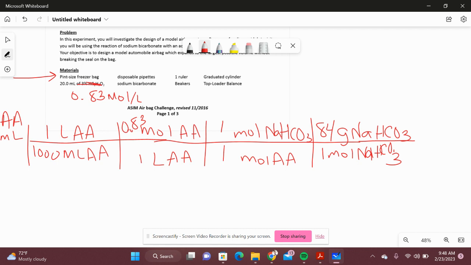So that's 20 times 0.83 times 84. That's my top number, 1,394.4. And my bottom number is just going to be 1,000 times 1, so I'm dividing that by 1,000.